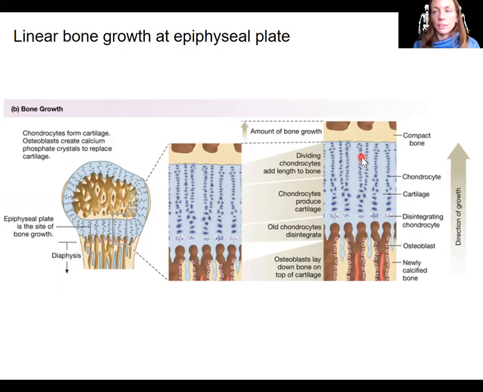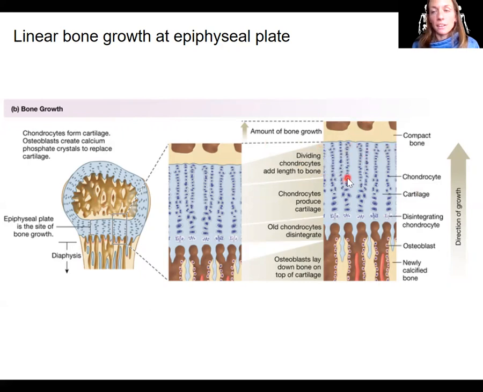These are what are going to add length to the bone itself. Chondrocytes, of course, are not bone tissue, but they are going to add length to the bone organ, the whole bone. So this is happening by this compact bone over here, within that epiphyseal plate right here.